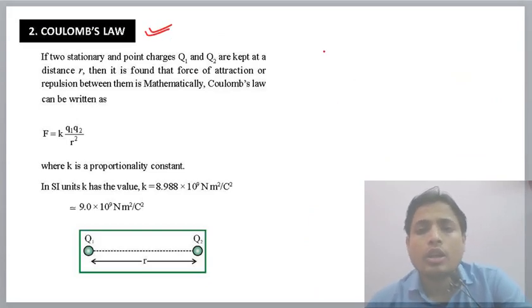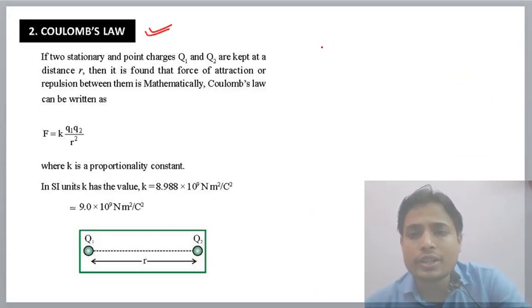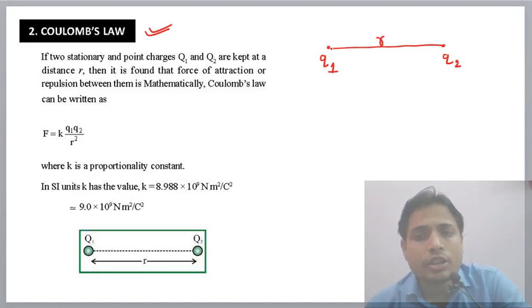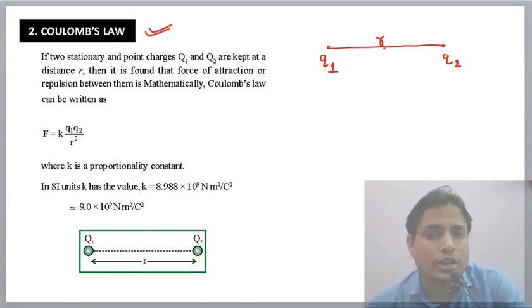Coulomb was a great scientist and he gave the law for the force of attraction and repulsion between charged bodies. Suppose there are two charged bodies Q1 and Q2. Q1 and Q2 are two point charges and the distance between them is r.